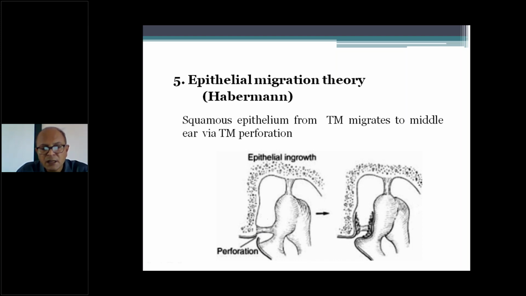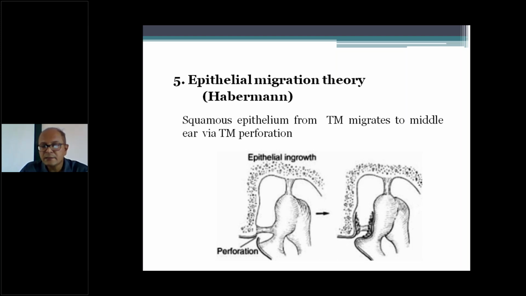Another condition is called necrotizing otitis media, in which there occurs total perforation. Necrotizing otitis media is caused by beta hemolytic streptococci in the setting of exanthematous fever like measles, particularly measles.